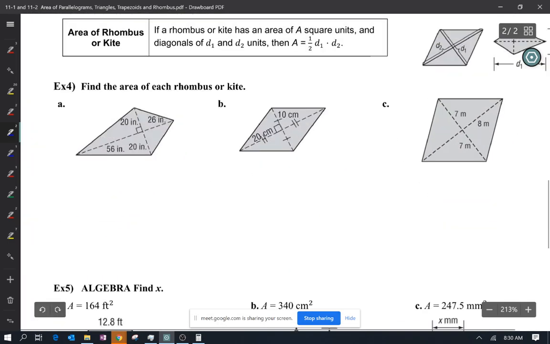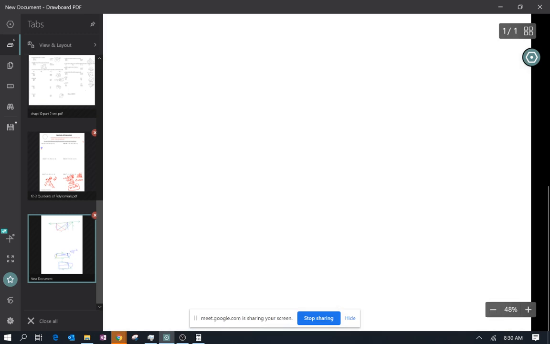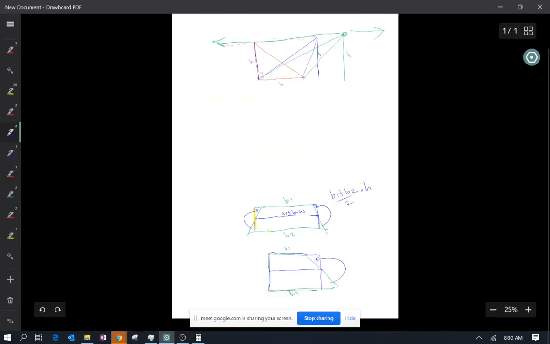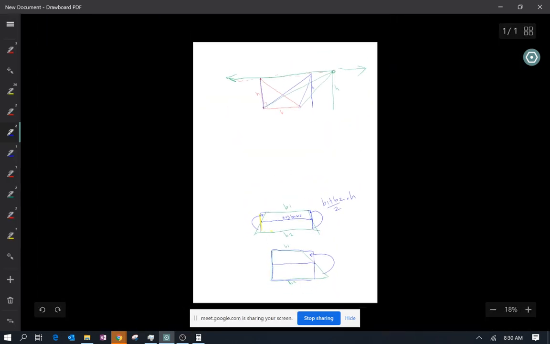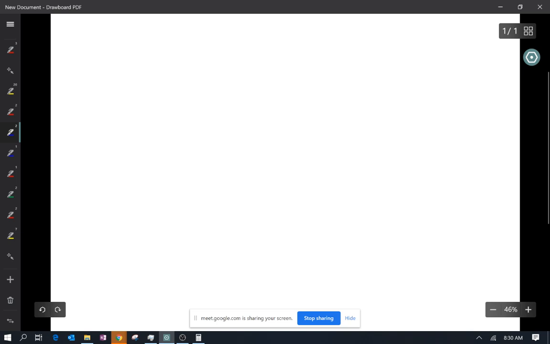Pretty easy. Now we're going to get into the last two, which are the rhombus and the kite. Sometimes when they give you a rhombus, where these are all equal, they tell you what the diagonals are.